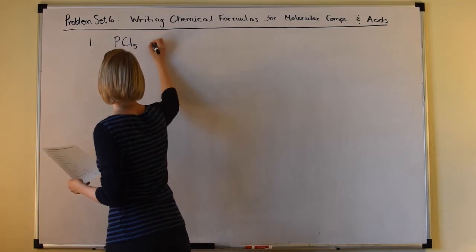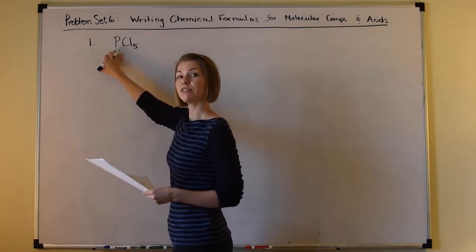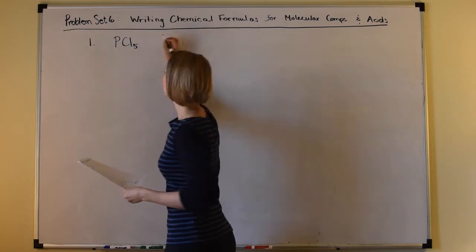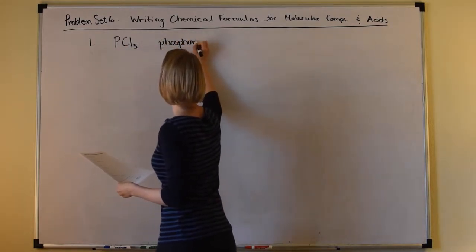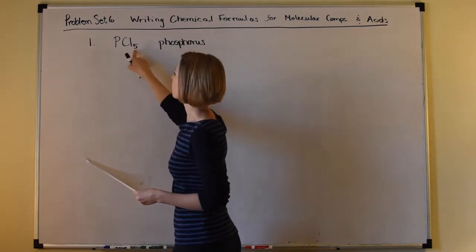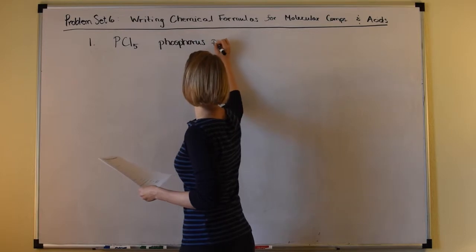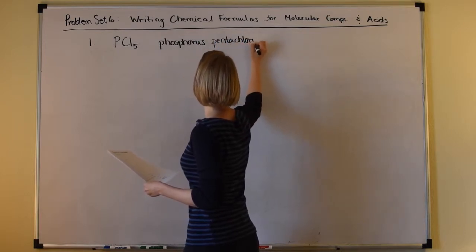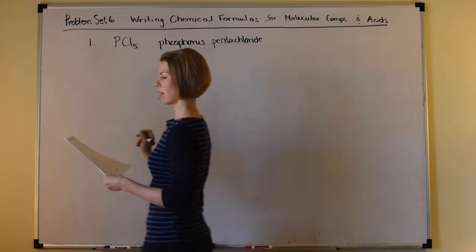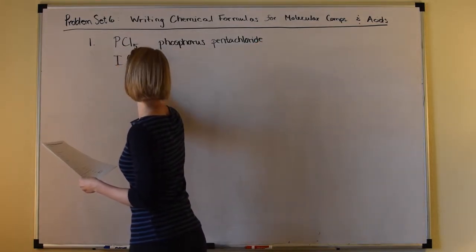PCl5. Converting that into the name, remember that we drop the mono prefix on the first element, so we're going to have phosphorus. And then for the chloride, there are 5 of them, so that's a pentachloride. All right, next, ICl7.